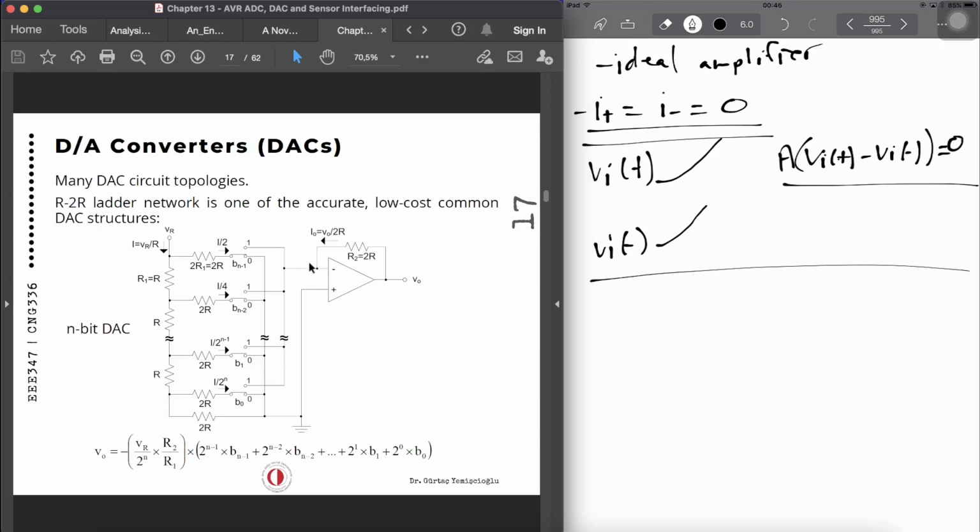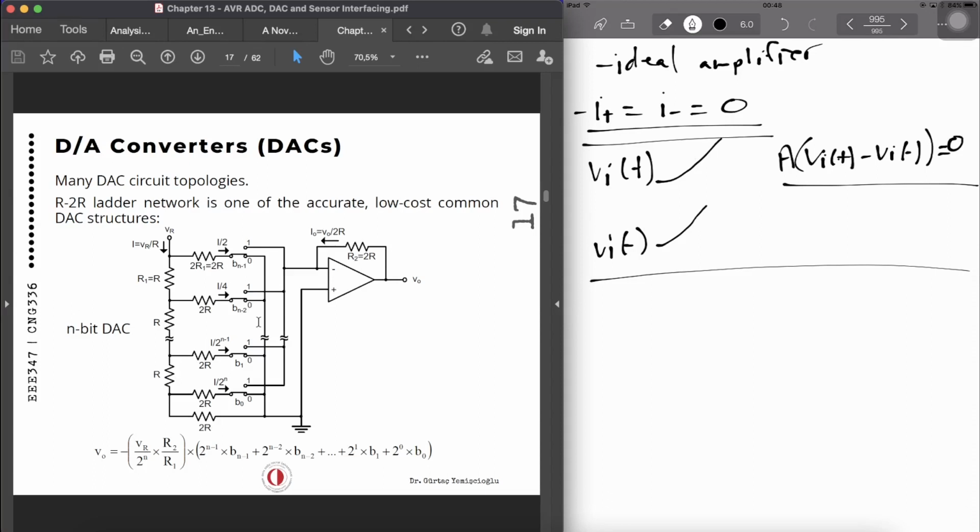In fact, because of that, in this topology the negative input of the amplifier is often referred to as a virtual ground. So this is actual ground, and this is going to be a virtual ground. Because the positive input is the same as the negative input in a negative feedback configuration, the negative input is set to ground all the time, equal to the positive input under the equilibrium.